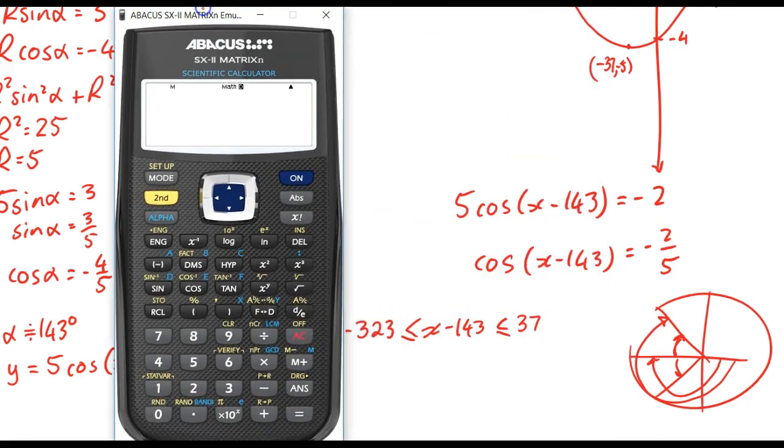All clear. If I do the inverse cos of negative 2/5, inverse cos of negative 2/5, gives me 113. No, that's not a related acute angle, is it?